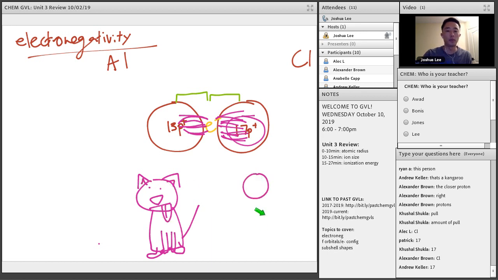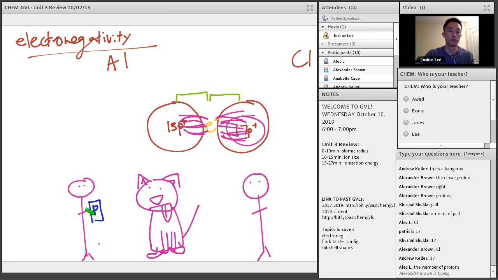And remember, the people are generally around the same size, same place away. But what was the only difference between chlorine and aluminum? They're both on the third energy level. Yeah, the number of protons.